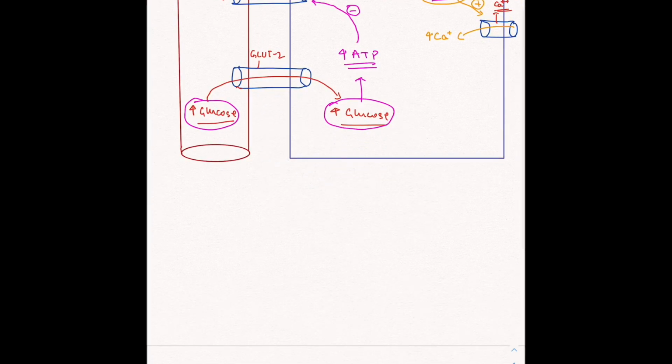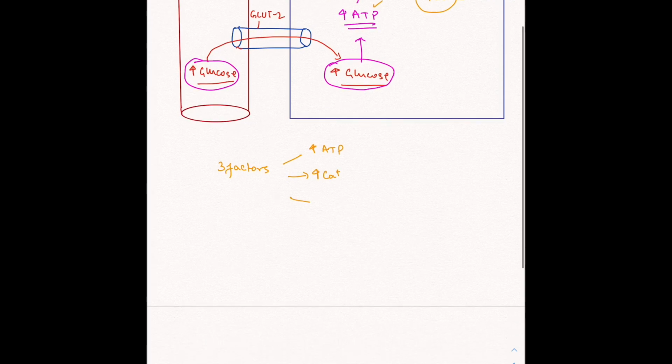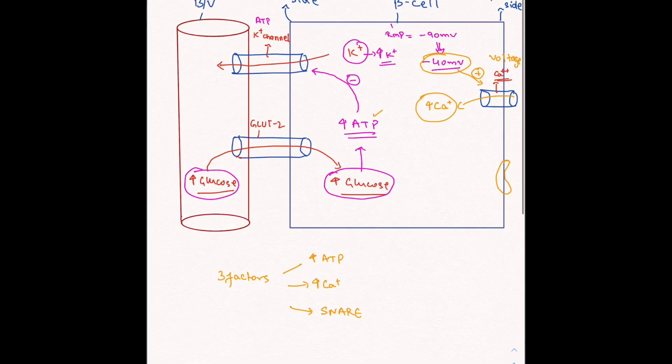So for insulin release, three factors are needed. First is more ATP. Second is more calcium ions in the cell. And the third one is a protein called the SNARE protein, which is present somewhere here in the apical side.